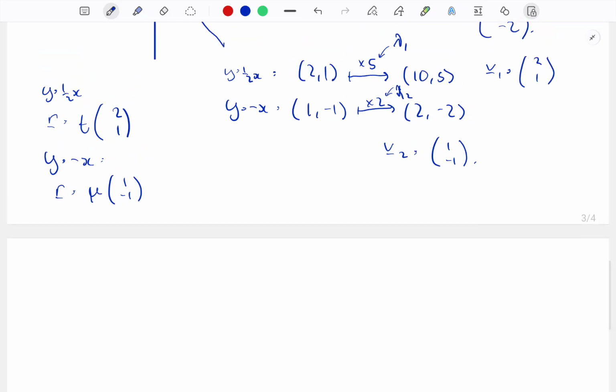So if we had to simplify this, let's start using some more sophisticated terminology.